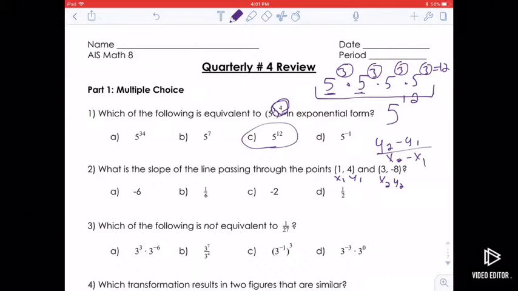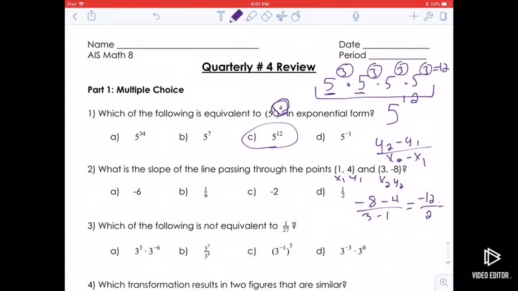When I go ahead and plug those into the formula, negative 8 minus 4 over 3 minus 1, and we simplify this, negative 8 minus 4 is negative 12, divided by 2. Go ahead and divide those, and we get negative 6, choice A.